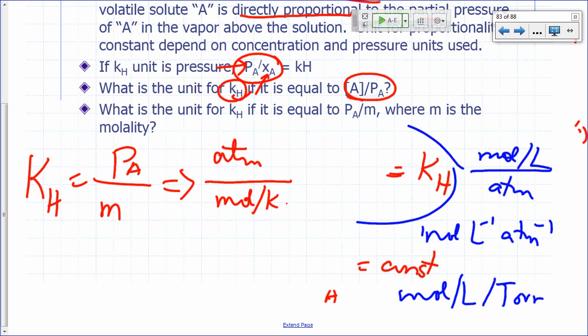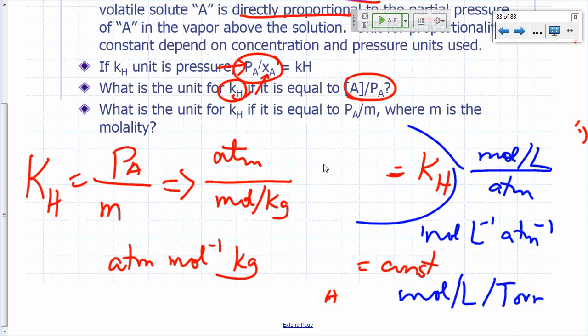Moles per kilogram, right? So that's one possible unit. So your Henry's law constant would be given in atmosphere per mole times kilogram. So just be aware of that when you're doing Henry's law problems. Keep track of the units because it tells you what the equation is that's being used.